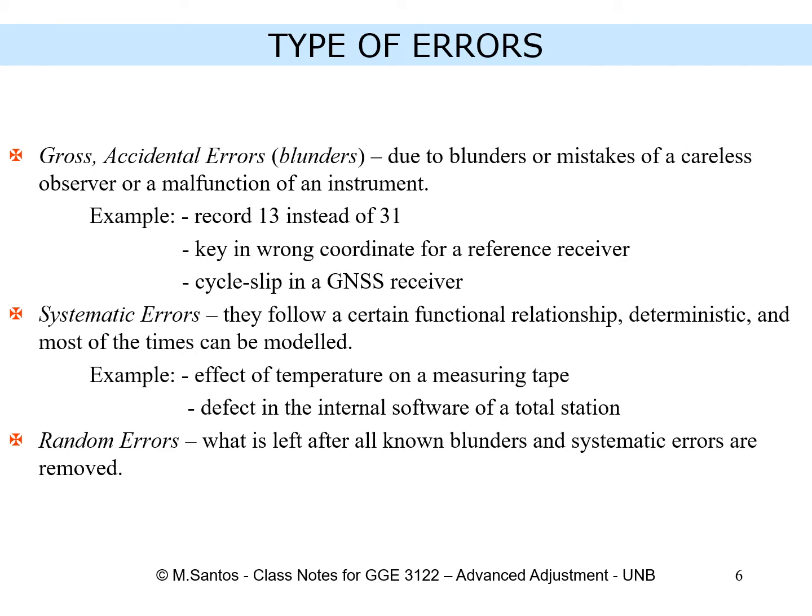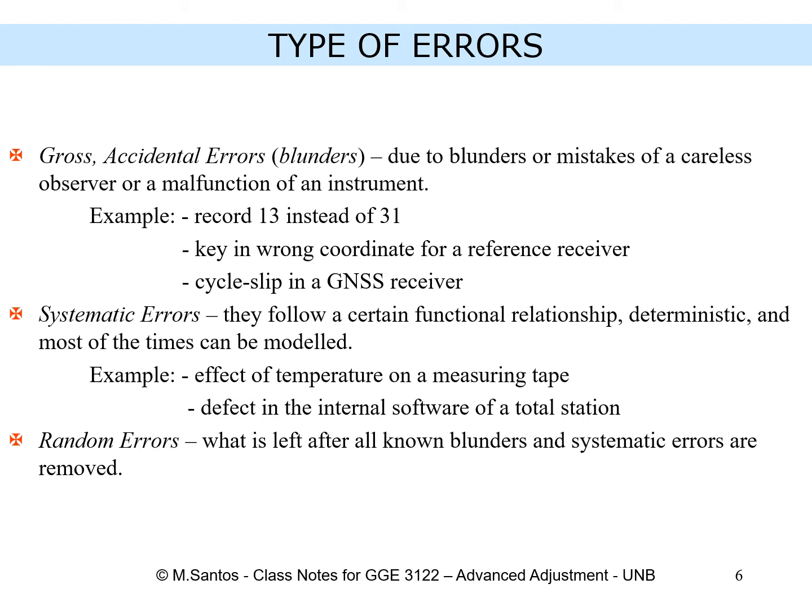As seen elsewhere, there are three types of errors: gross errors, systematic errors, and random errors. Gross errors, also called accidental errors or blunders, are due to blunders or mistakes of a careless observer or the malfunction of an instrument. For example, recording 13 instead of 31, or keying in the wrong coordinates for a reference GNSS receiver are due to the observer, but a cycle slip is due to an instantaneous malfunction of a GNSS receiver.